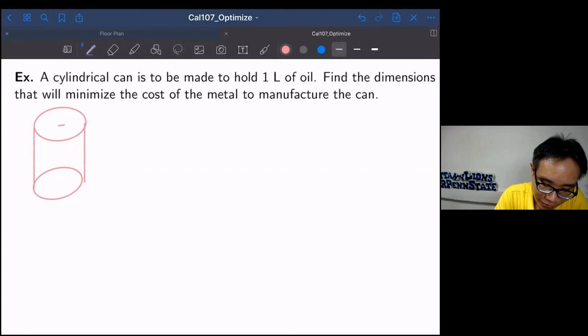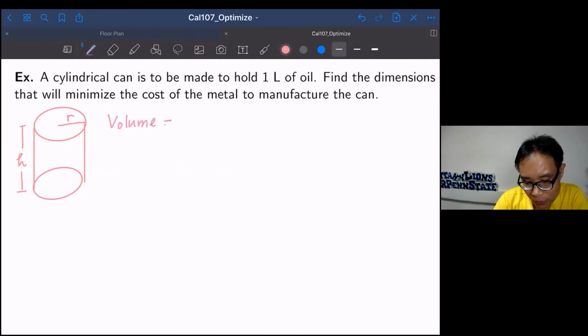So in this case, you have R and you have the height H. You would like to have the volume equal to 1 liter, and the volume of the can is pi r squared H. So this is the volume that holds 1 liter of oil. In this case, you can solve for H in terms of R. So you have H equal to 1 over pi R squared.